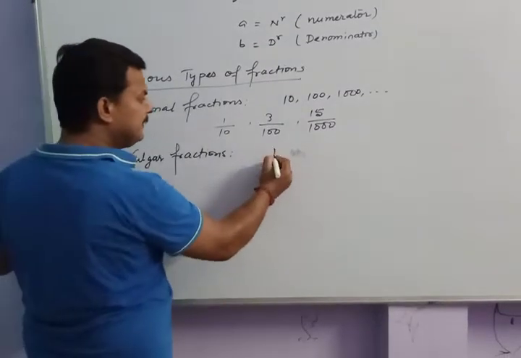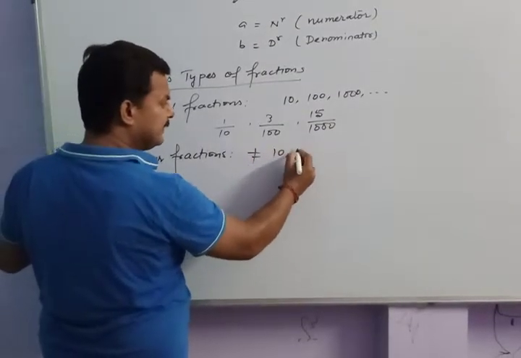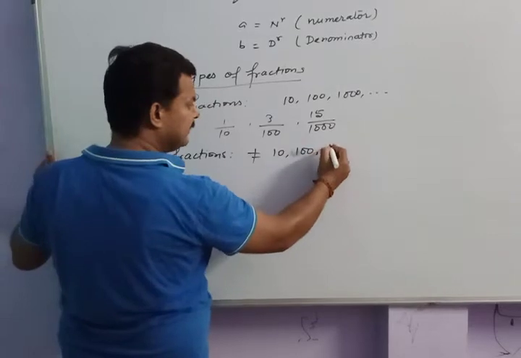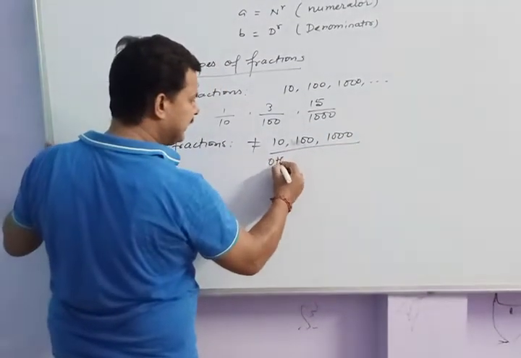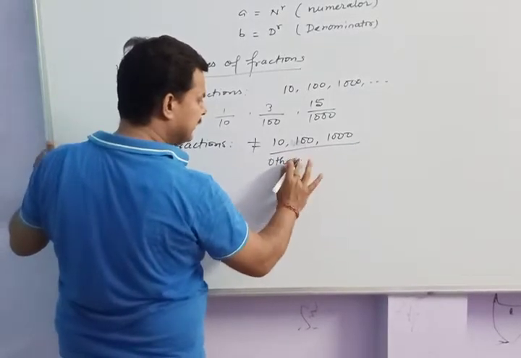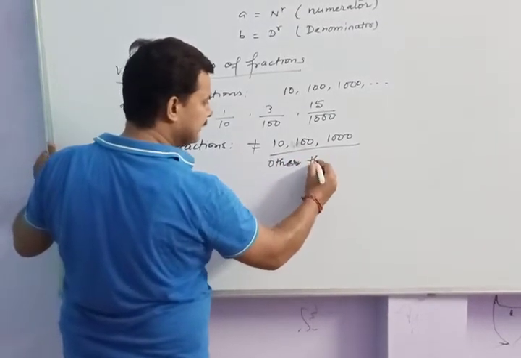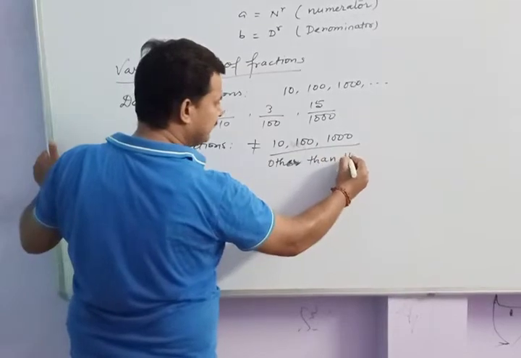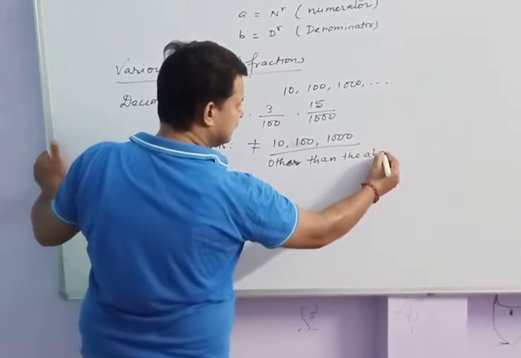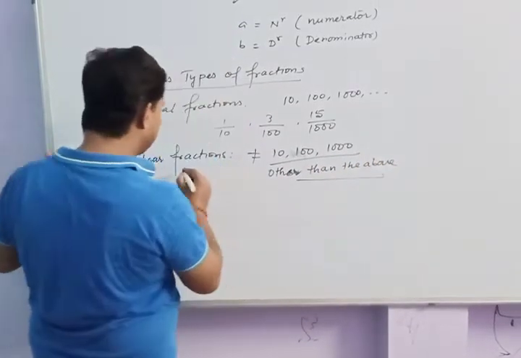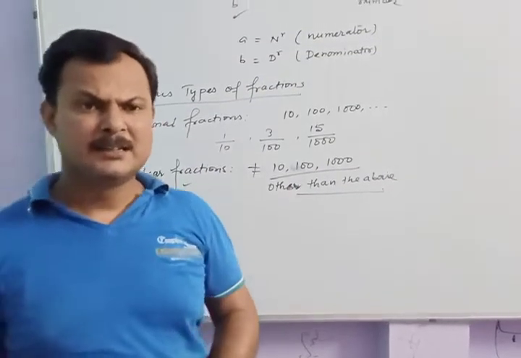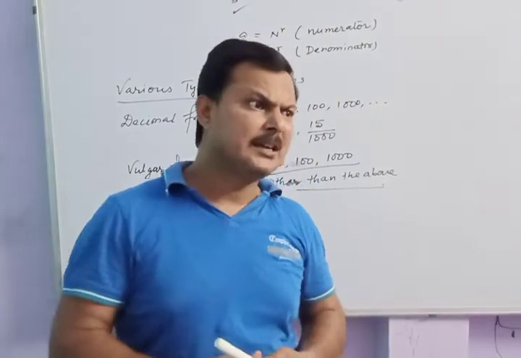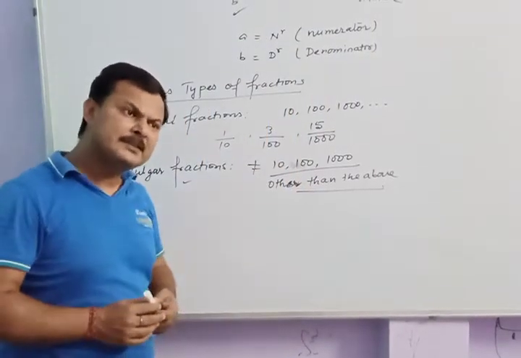Fractions whose denominators are other than 10, 100, 1000, etc. are known as vulgar fractions.